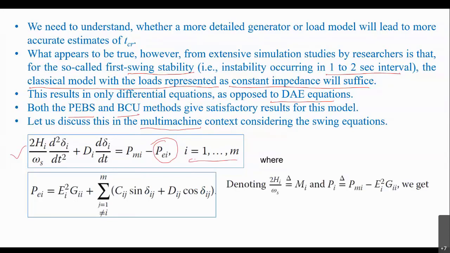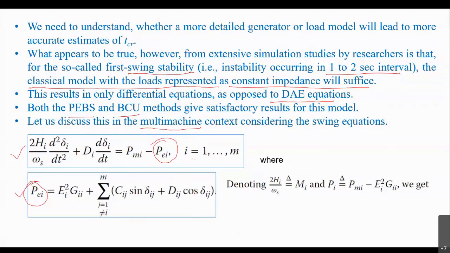Already we talked here, like Pi is equal to Ei square Gii plus the sum over j equal to 1 to m, j not equal to i, of Cij sine delta ij plus Dij cos delta ij. Last time you questioned how this expression came, so I will talk about how the derivation came.